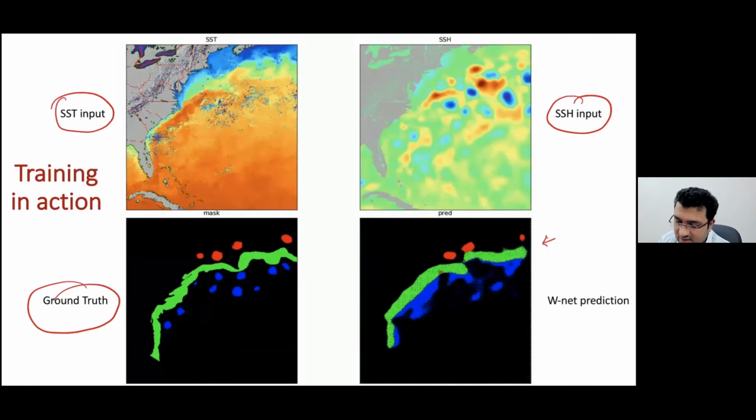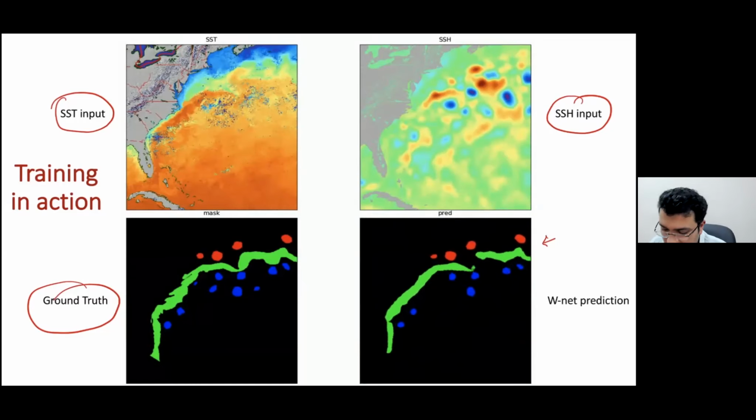The black is the background, green is the Gulf Stream. Epoch-wise, this is the outcome that comes, and after running a few epochs, the WNet is able to detect simultaneously the Gulf Stream, warm eddies, and cold eddies, and it gives very good accuracy in testing.